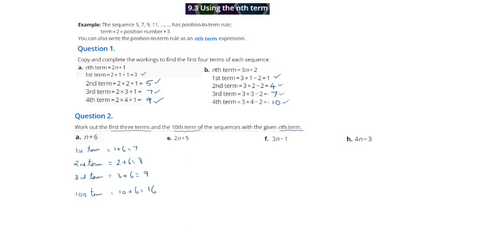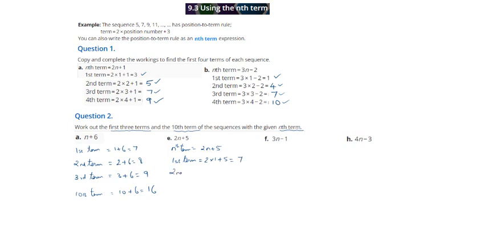Now moving on to the next sum. The general nth term is given. Nth term is equal to 2n plus 5. So first term is equal to 2 times 1 plus 5 is equal to 7.